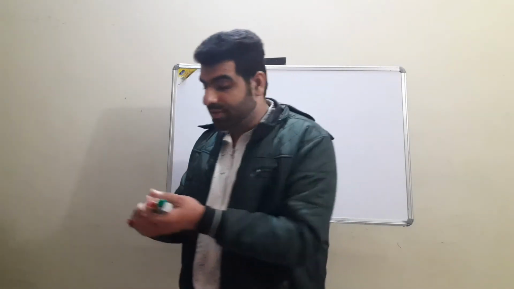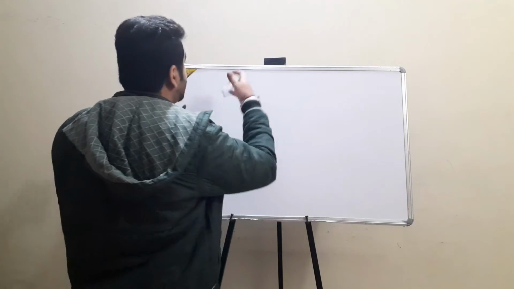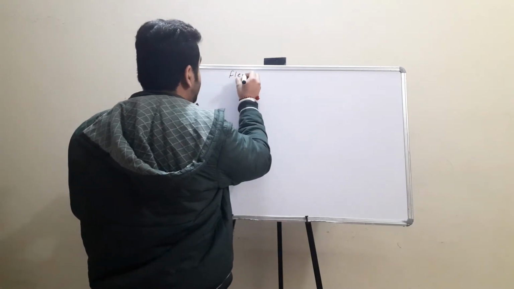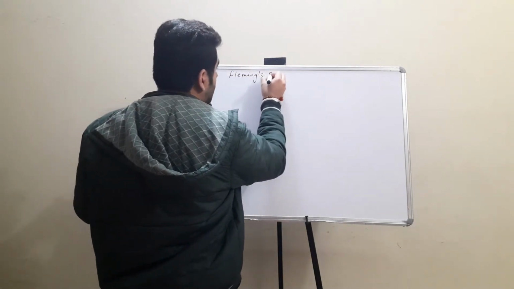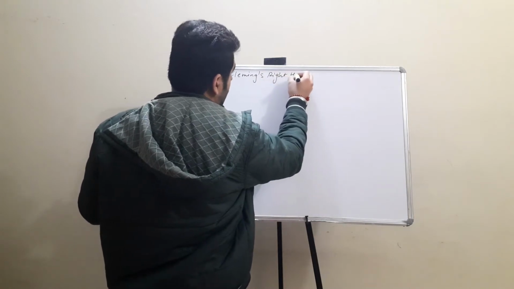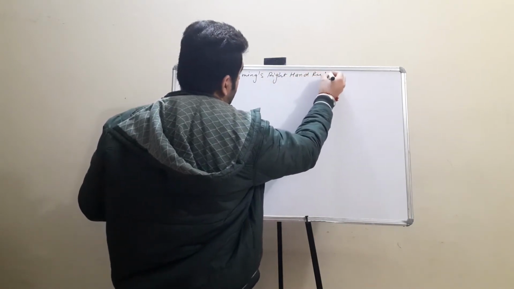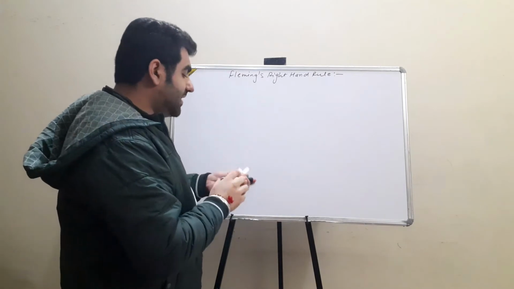So we are now going to start with Fleming's right hand rule. The next rule of this chapter is Fleming's right hand rule. Now let us see when we'll have to apply this rule.